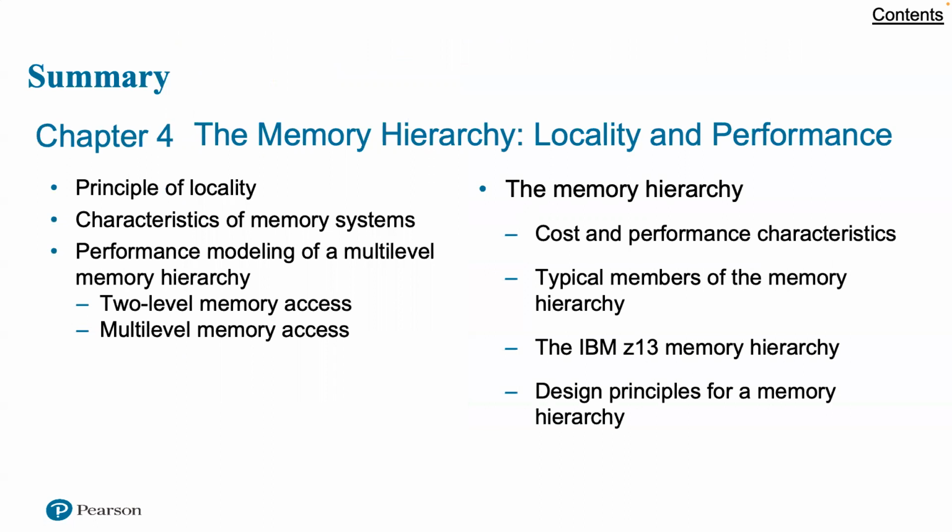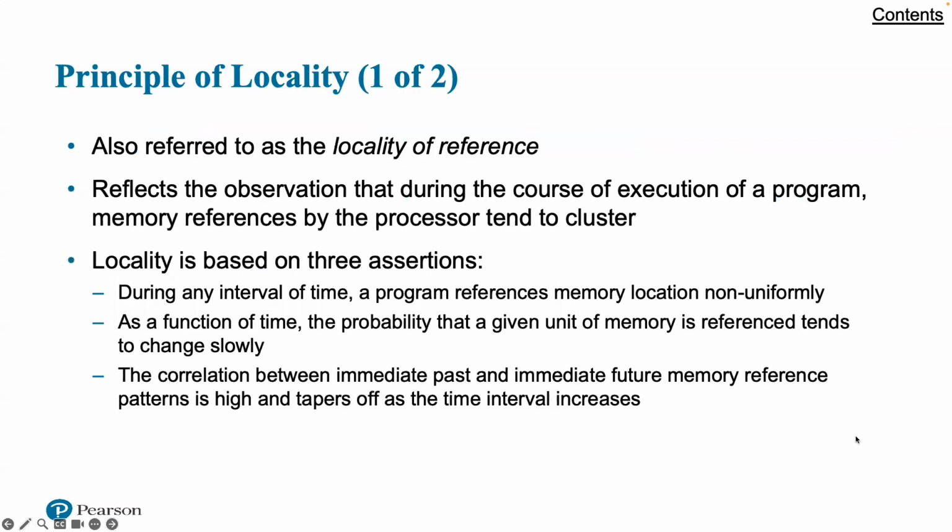We'll be talking about the principle of locality, characteristics of memory systems, and performance modeling of a multi-level memory, where we'll talk about two-level and multi-level. Then we'll finish up with the memory hierarchy, cost and performance characteristics, and typical members of the memory hierarchy. We'll give an example with an IBM z13 memory hierarchy, and finally, design principles for a memory hierarchy.